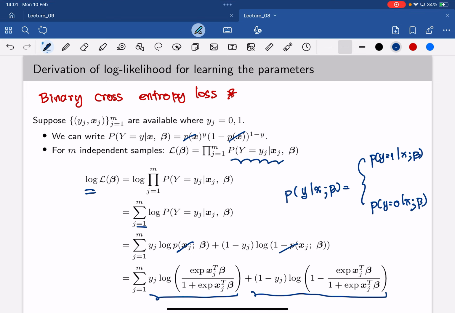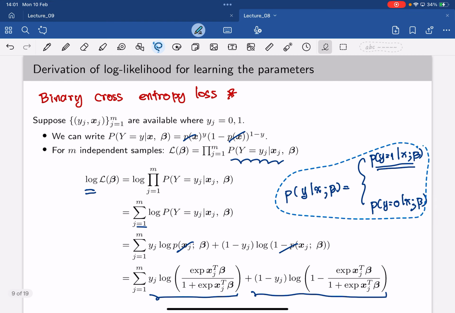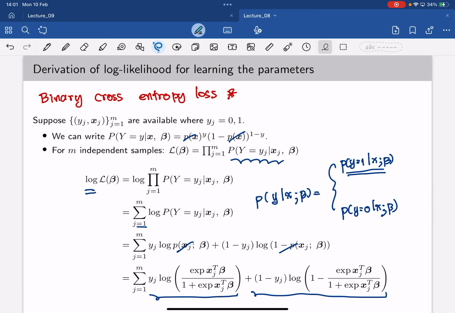It doesn't matter what this probability function could be, but if your output could only provide a 0 or 1, then you can either have this one or that one. So that means probability of y equal to 0 is equal to 1 minus probability of y equal to 1 given X beta.